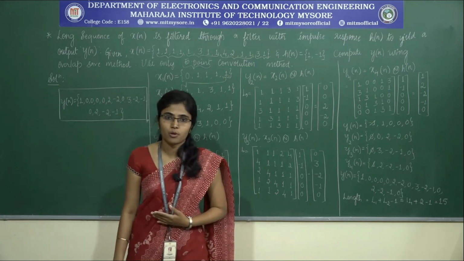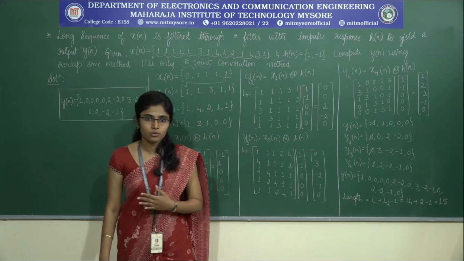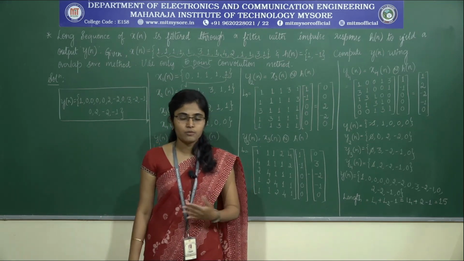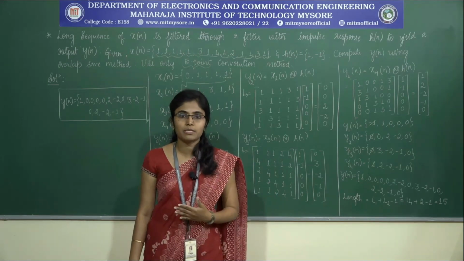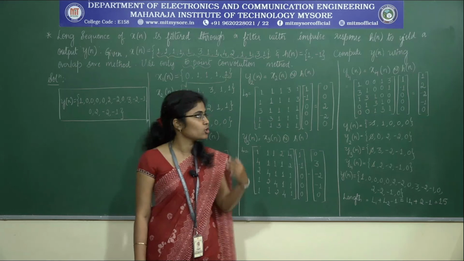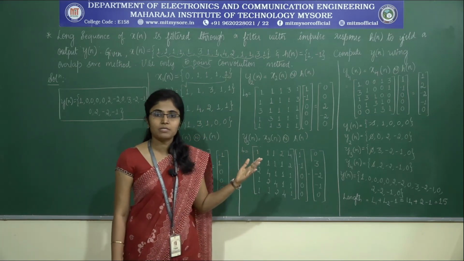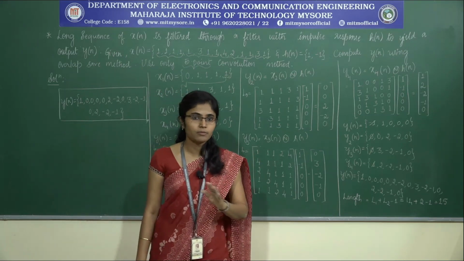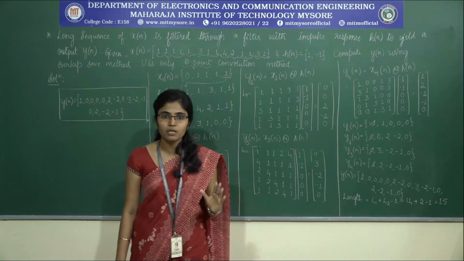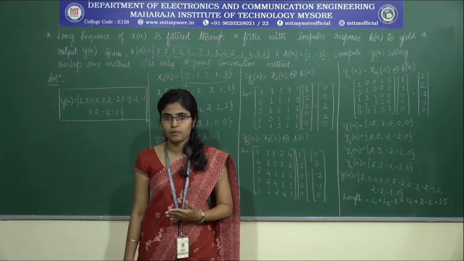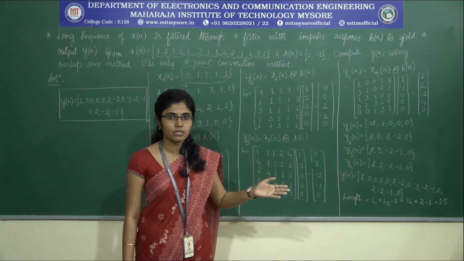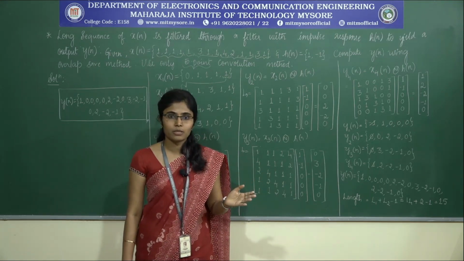So what all we did today? So today in the introduction, I summed up the previous class, that is how to perform overlap save method. After that, we saw two problems in overlap save method. In the first problem, they did not indicate the value of N. So we found out the value of N using the formula N is equal to 2 power m, and the rest of the procedure was same as that of the overlap save method.